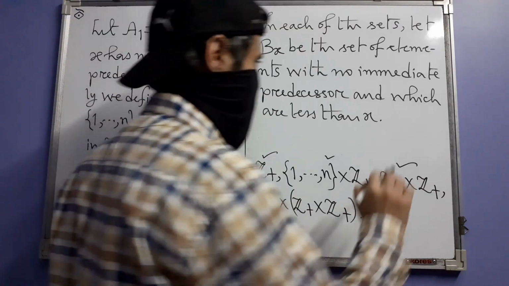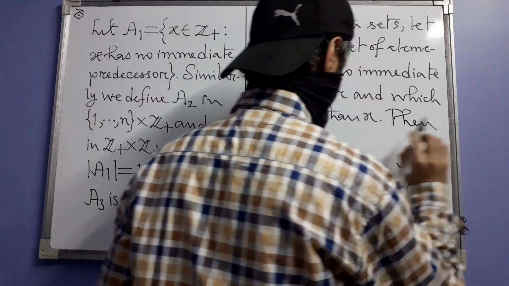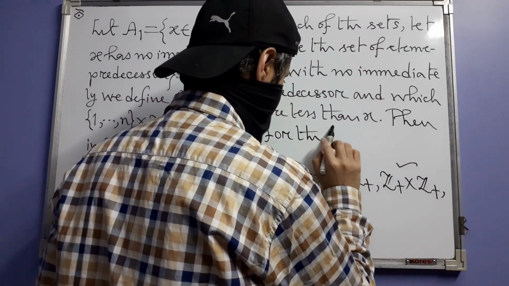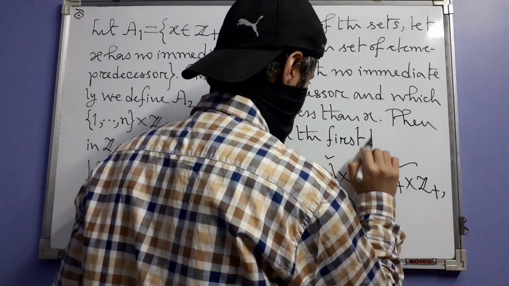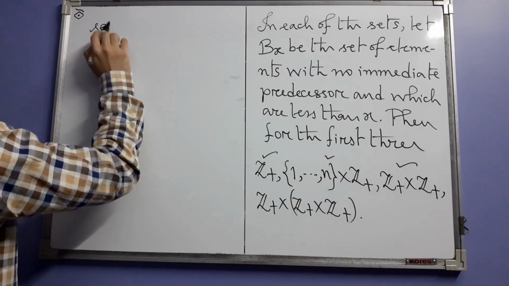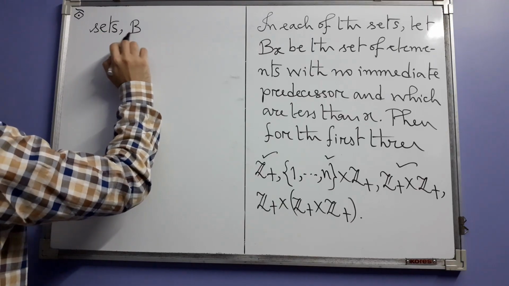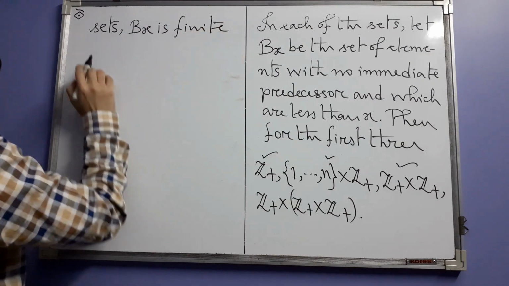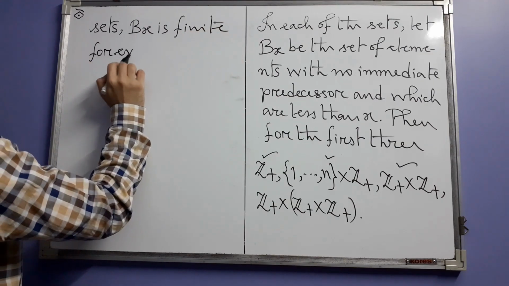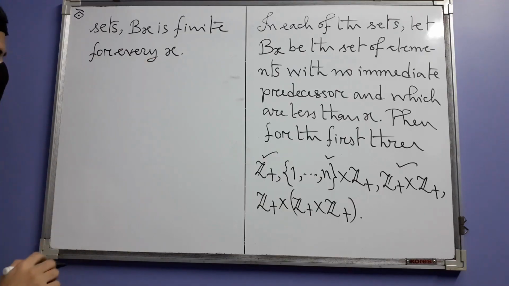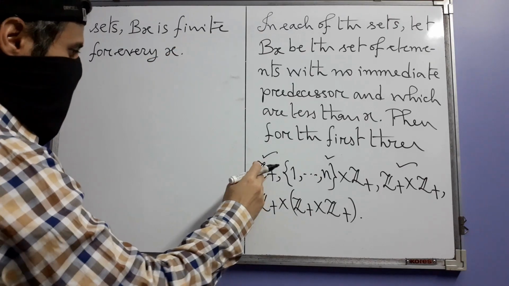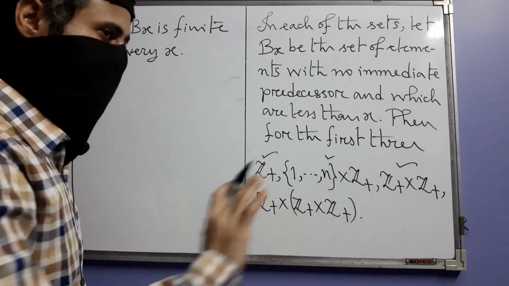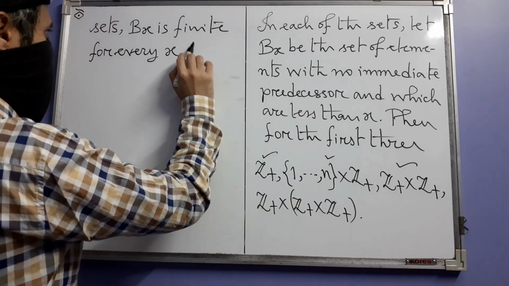Then, for the first three sets Bx is finite for every x. I mean in each one of the first three sets, if you consider Bx for any element x in that set, it will be finite.